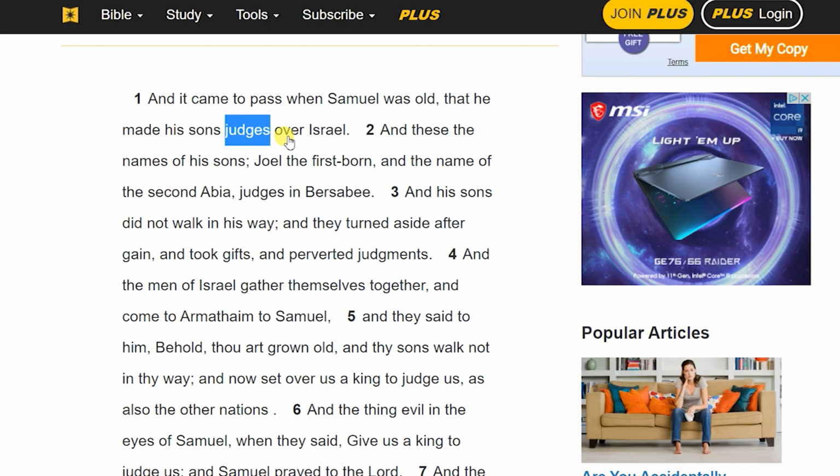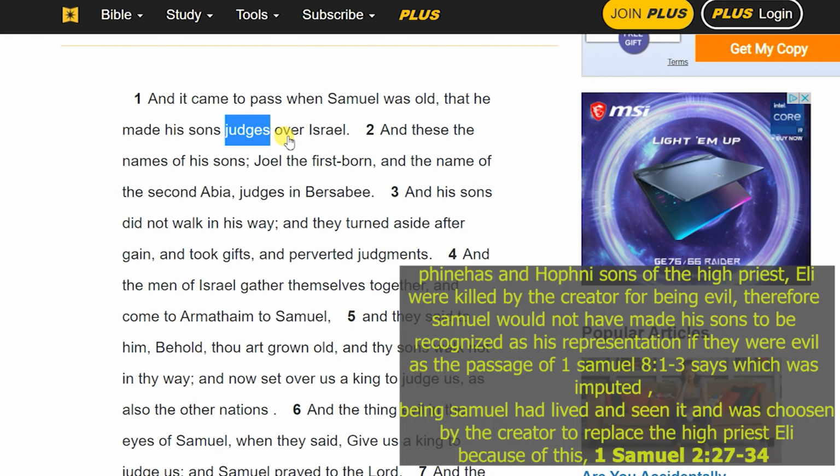Why? Because remember, Samuel came from being a second high priest to Eli. And Eli's sons got killed by the Creator in Phinehas. Because why? They were evil. So Samuel would not have followed the same footsteps to appoint his own sons as evil high priests.